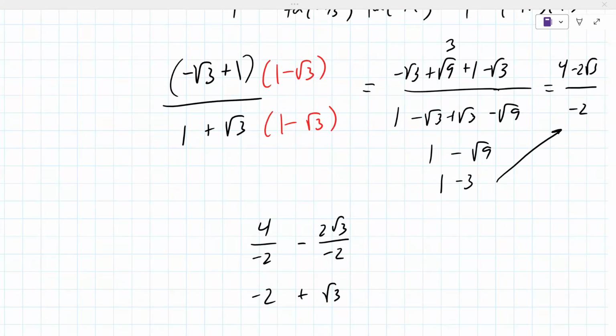And you said that when you got to the 4 over negative 2, on the top part, like right above your mouse, the 4 minus 2 square root of 3, you just split that up into the negative 2 over both of them. You're dividing both by negative 2.